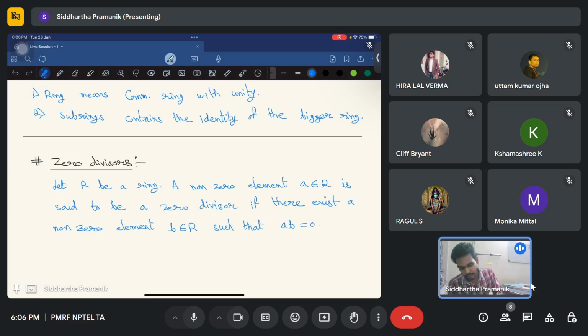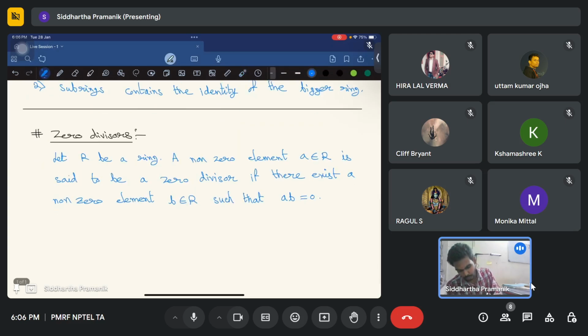Since we are in a commutative ring, AB is the same as BA, so I am just writing A times B. So an element A is a zero divisor if there exists another non-zero element B such that the product is 0.